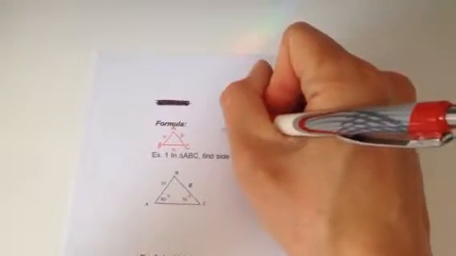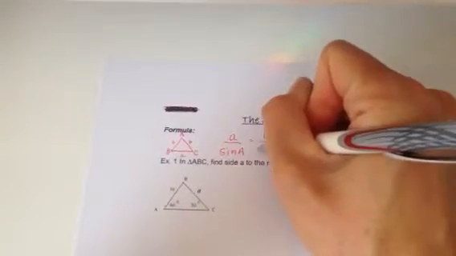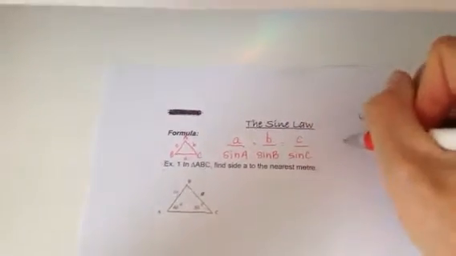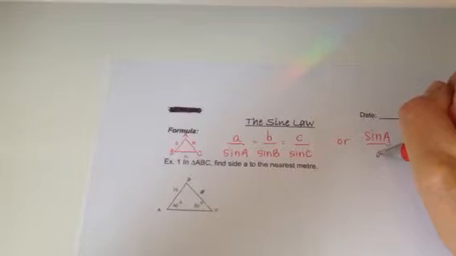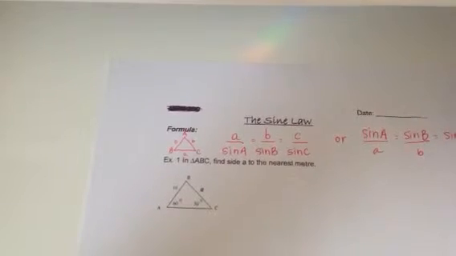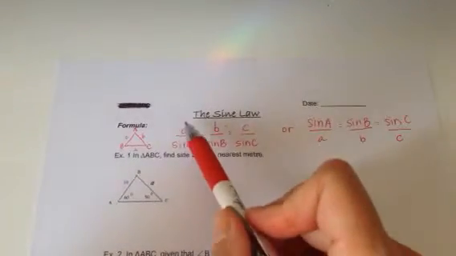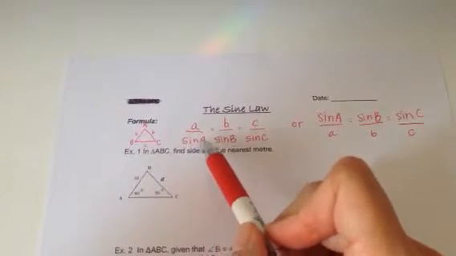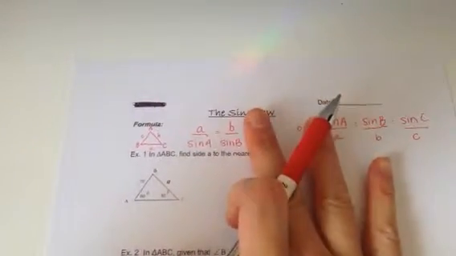But you can write this sine law in two different ways, where A over sine A is equal to B over sine B is equal to C over sine C. Or you can write it where you flip it, where the sines are on top: sine A over A, sine B over B, sine C over C. So these are just the ratios of the side A over the sine of angle A. When you're using the sine law, you will only use two of them.